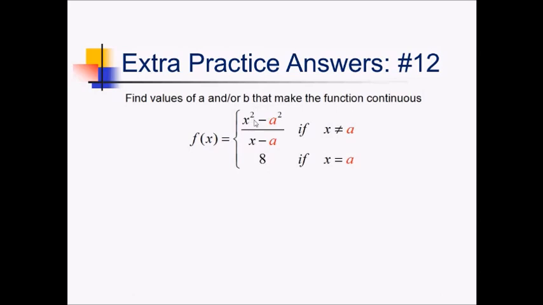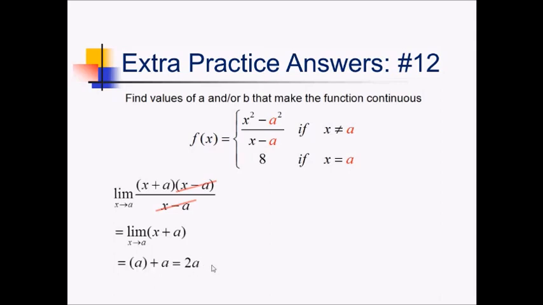That'll be x plus a and x minus a in the numerator. The x minus a's cancel. Now we can plug a into this reduced version. That's a plus a, which gives us a two-sided limit of just 2a. This has to match the function value when we plug a into the function. If x equals a, then we use this rule down here, 8.